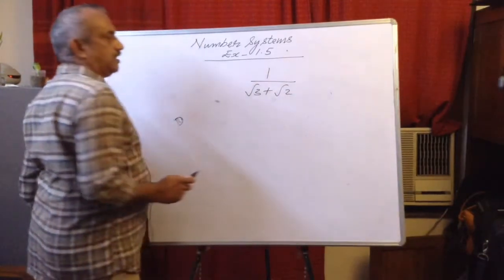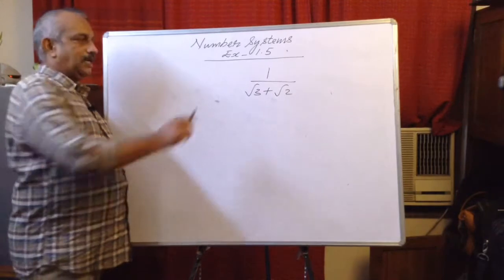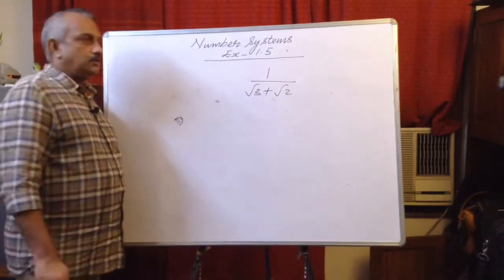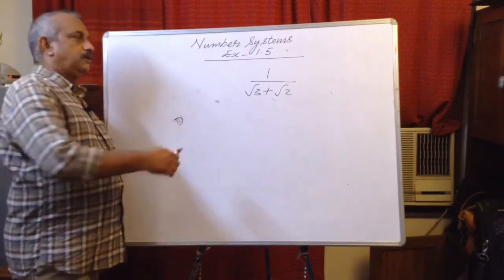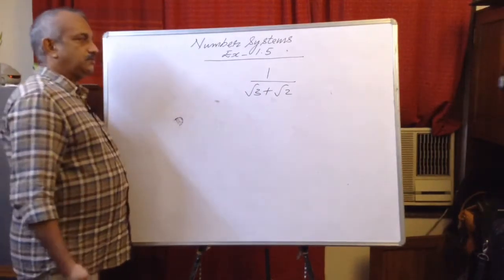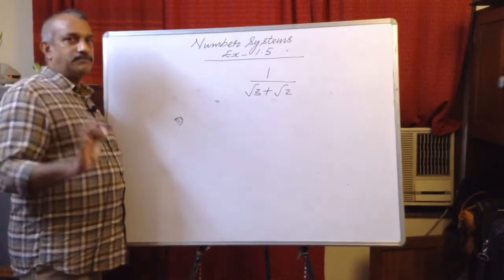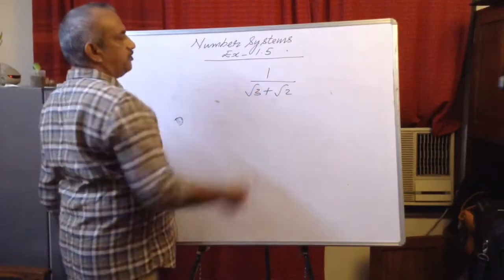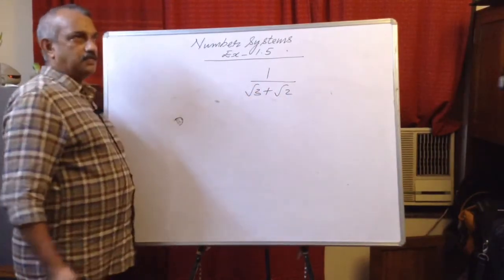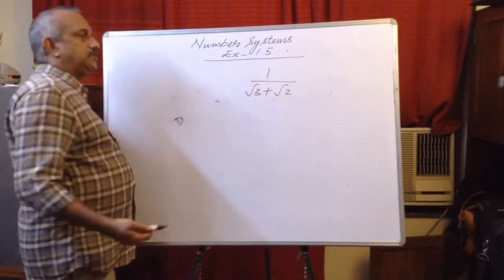We are asked to find the value of 1 upon root 3 plus root 2, and the approximate values of root 3 and root 2 are given. Say 1.732 is root 3 and 1.414 is root 2 approximately. Actual value we cannot find out. Even after putting the values, division and all is difficult. But if we rationalize this one, then it will become easy to calculate.